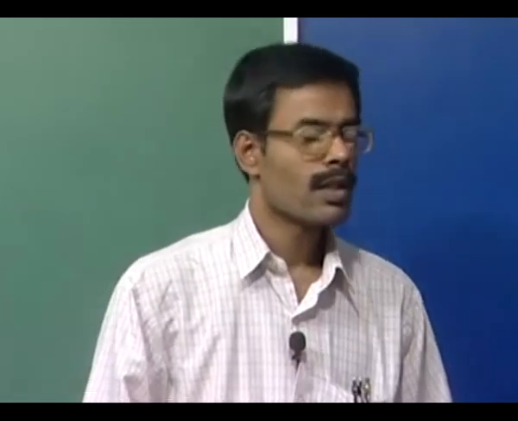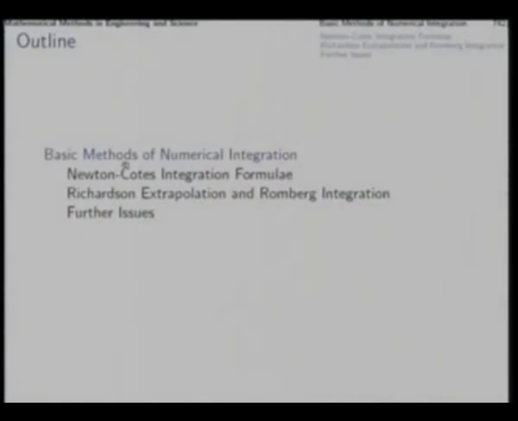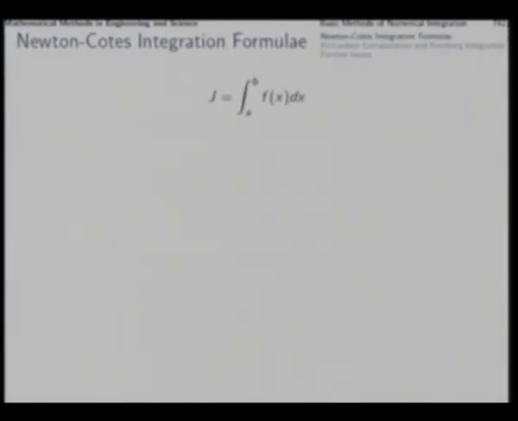Good morning. In this lecture, we will study methods of numerical integration. So, first we start with Newton Cotes integration formulae. The problem here is to integrate a function of a single variable from a to b.